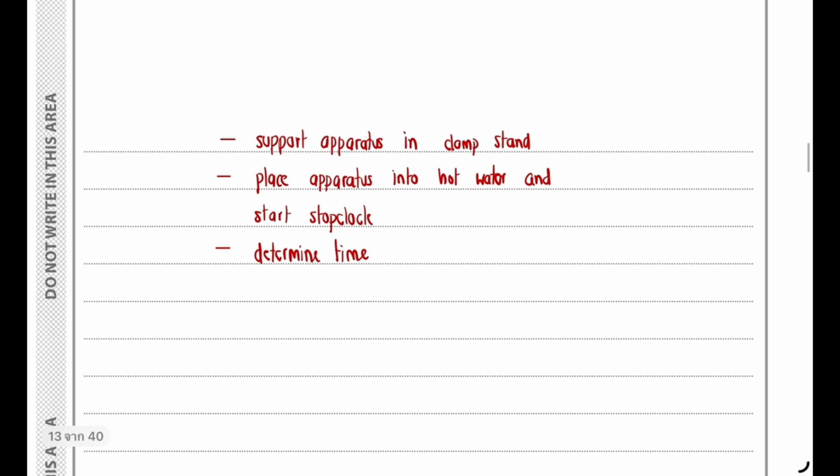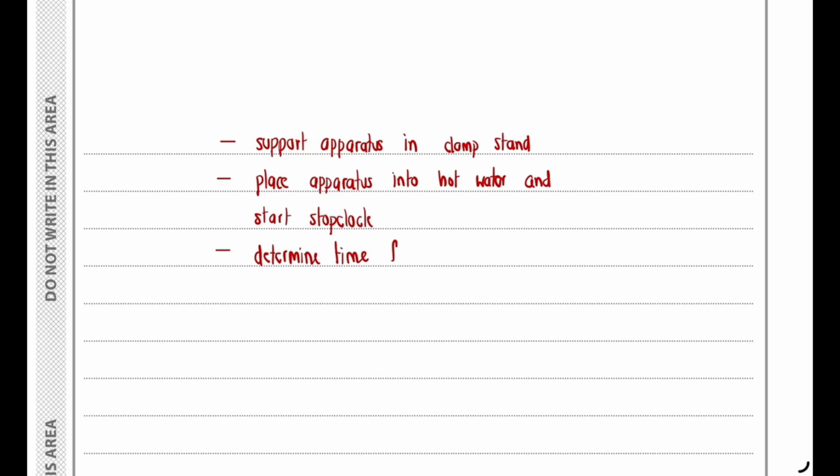Determine time for color change to reach top of the strip. Fourth, allow apparatus to cool.